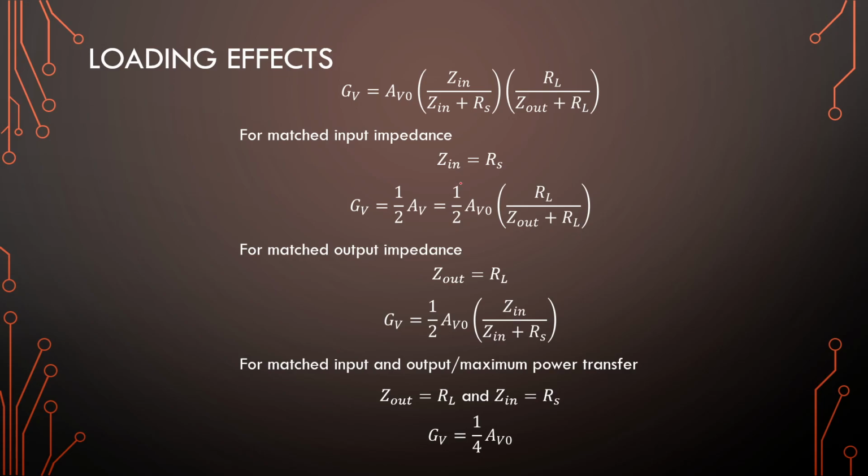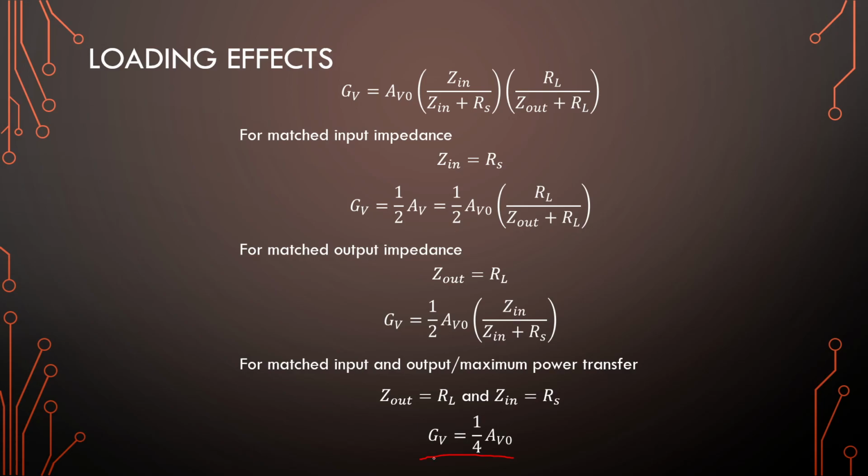Loading effects: always remember that the total gain is these voltage divisions of a maximum gain. Matched input impedance, half AV; matched output impedance, same, half AV0, and the input like that. And if both are matched, our total gain is a quarter of the maximum gain.